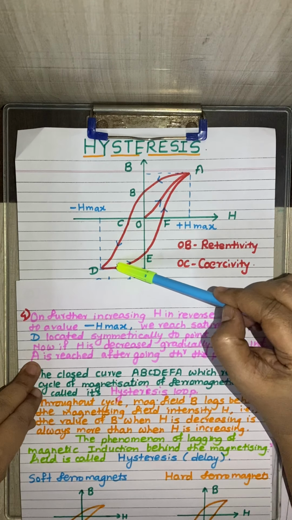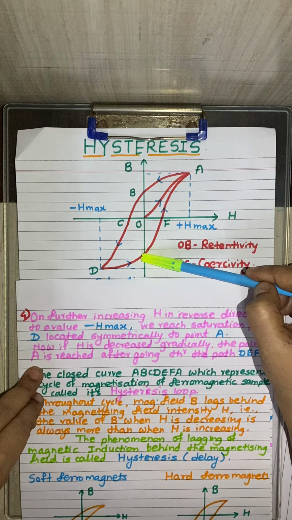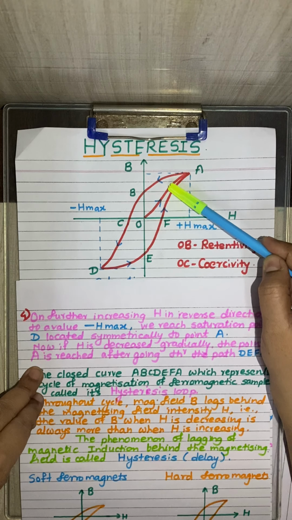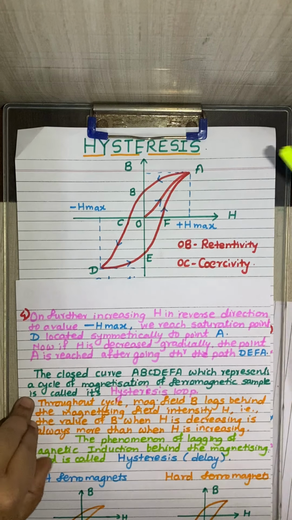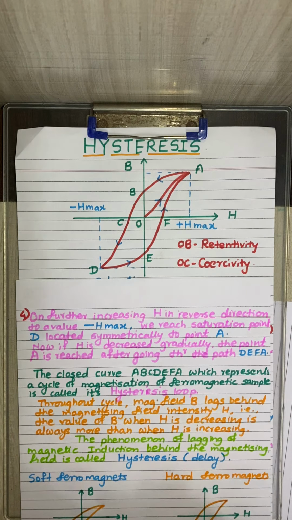Now if H is decreased gradually, the point A is again reached after going through the path D, E, F, A. So this closed curve is called a hysteresis loop. So hysteresis is nothing but the delay process.